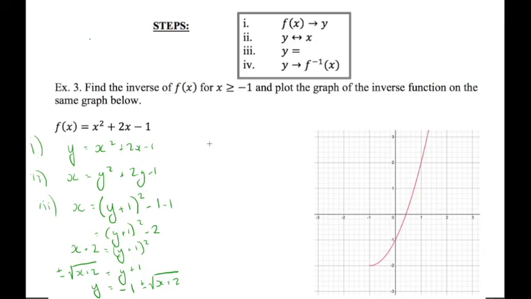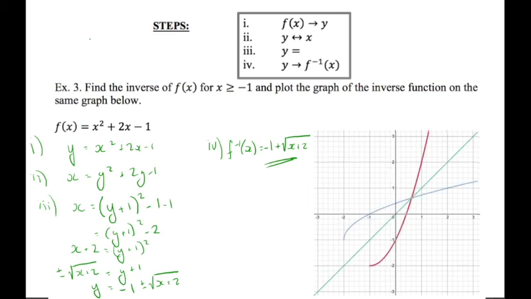Let's come back to our final step. We're going to switch our y to our f to the -1 equals -1. We're going with the plus square root of x plus 2. Now to plot the inverse graph, we know how to do that.